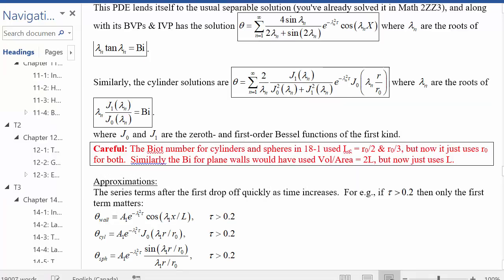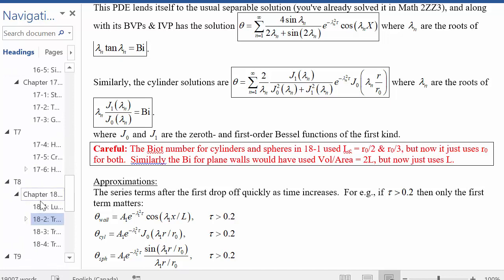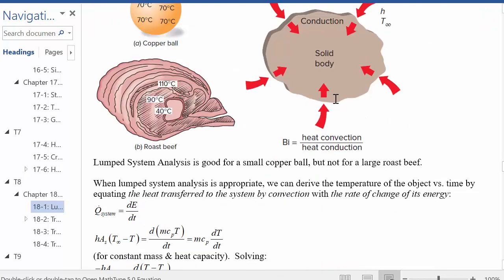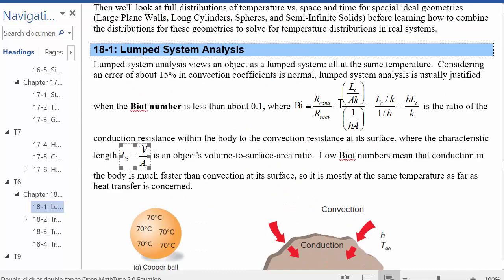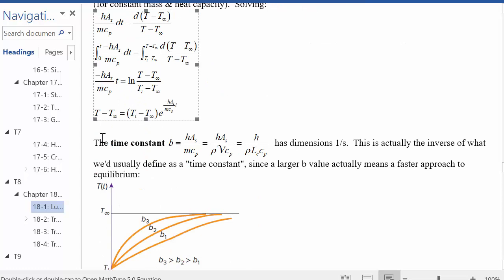And to do this, we're going to need to go to the material at the beginning of chapter 18 there. For the lumped system approach, we calculate a Biot number using the characteristic length as the volume over the surface area. The Biot number really just tells us whether the lumped system approach is justified. The calculation itself doesn't have anything to do with the Biot number.